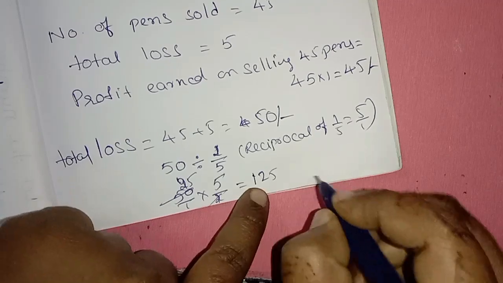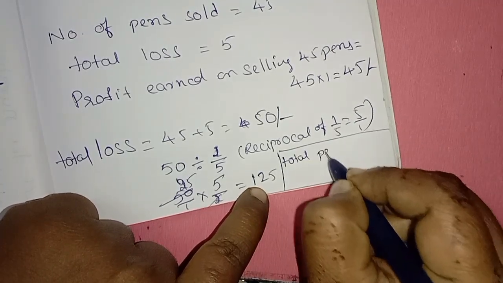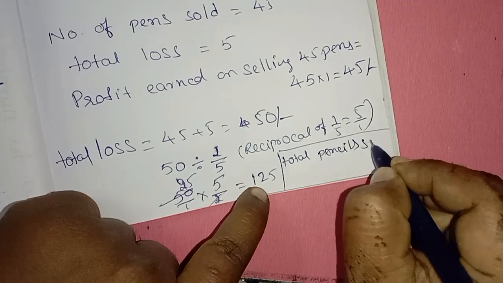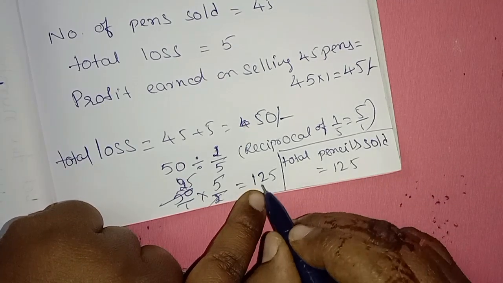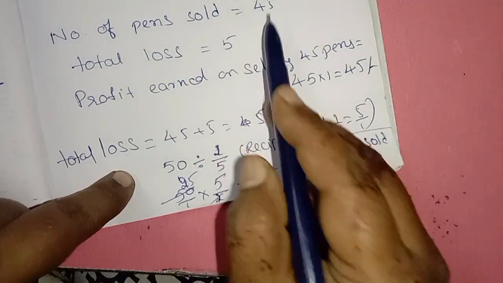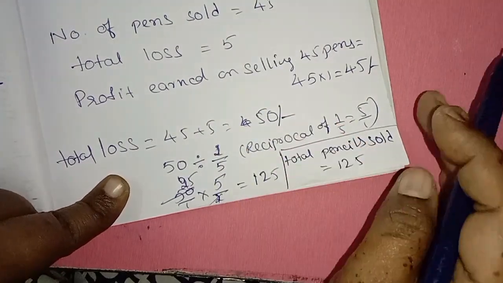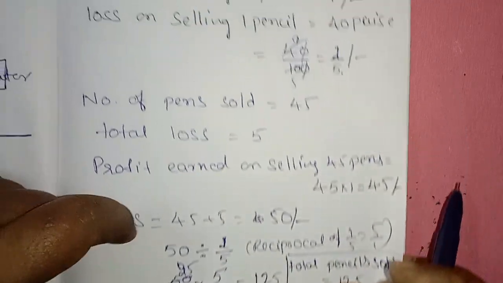So total pencils sold, how many did he sell? On selling 125 pencils, he got a loss of 50 rupees. Profit earned 45. 50 minus 45, still he has a 5 rupees loss. Clear? This is your answer.